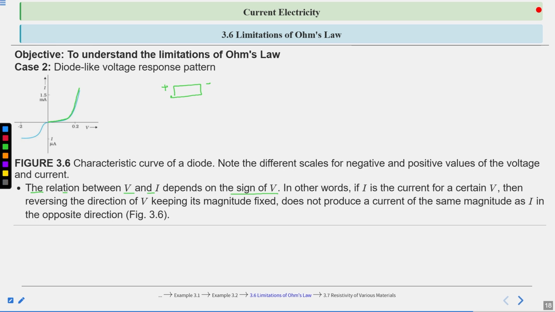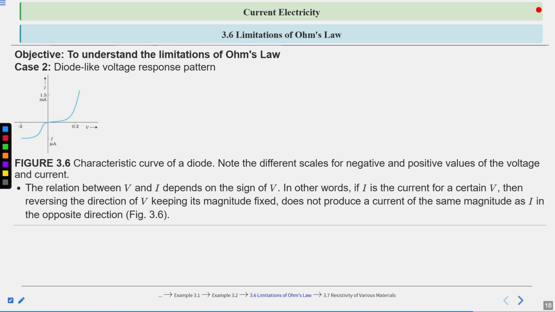If we reverse the sign of this potential difference, making this terminal negative and this positive, so we are changing the sign of V, reverse voltage in this direction, now current will vary like this. So both curves are different. So the relation between V and I depends on the sign of V.